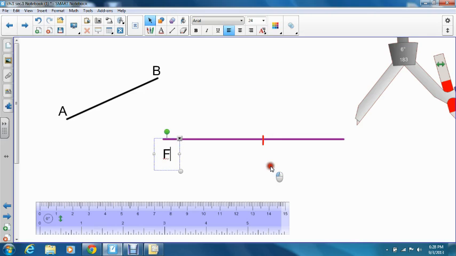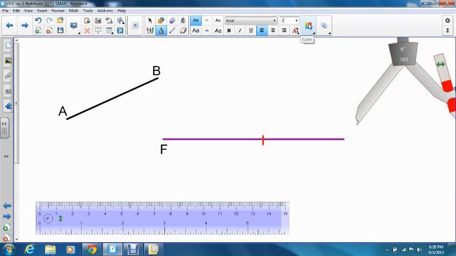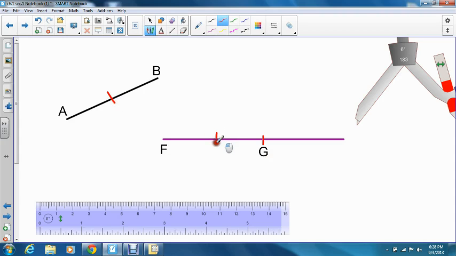So my new segment is FG. It's congruent to AB, so I can go ahead and make my little tick marks in here to let me know that those two are congruent, and I've got a congruent segment.